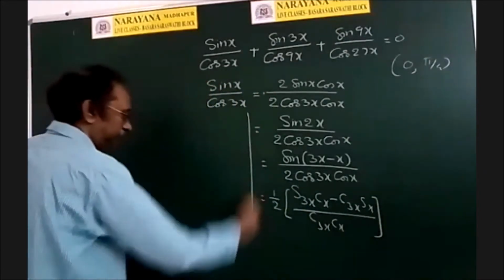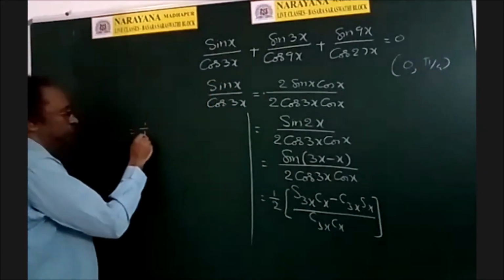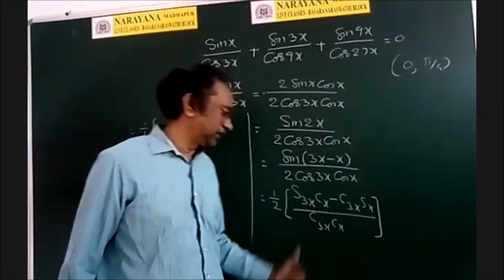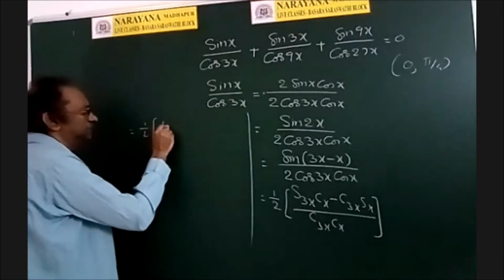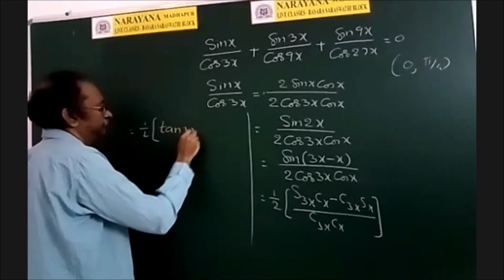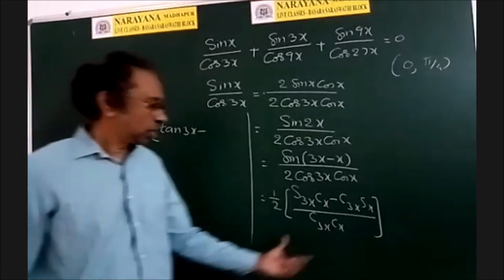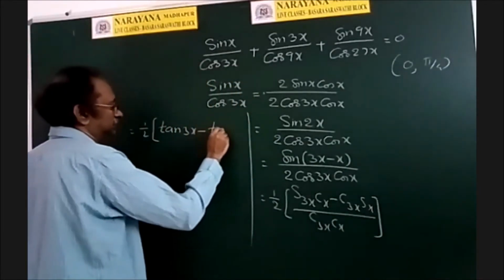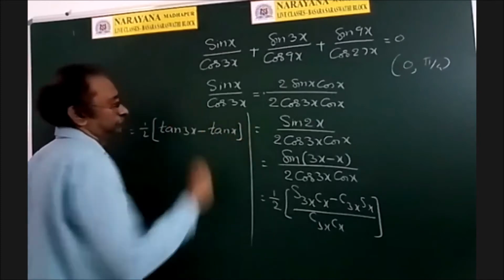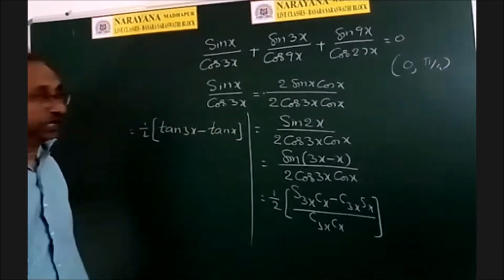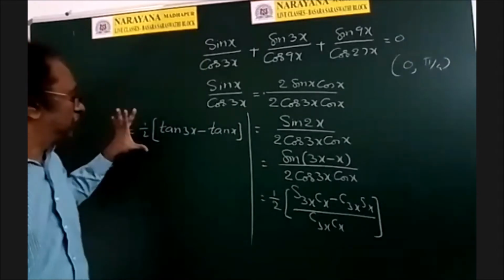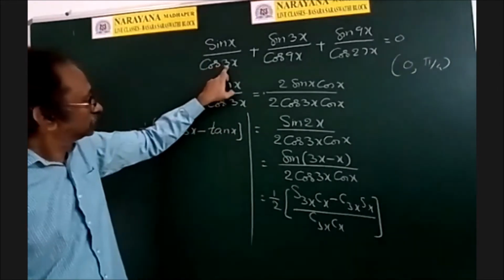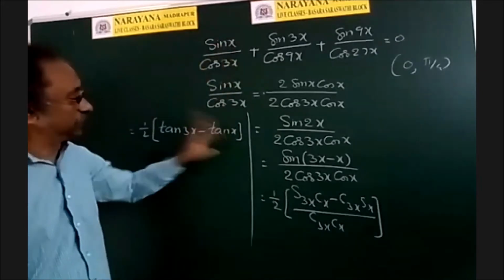And see, this becomes half into sin 3x cos x by cos 3x cos x, that is tan 3x, minus cos 3x sin x by cos 3x cos x, that is tan x. Okay, so this first expression is half into tan 3x minus tan x. If you observe, the number 3 is here, the number 1 is here.